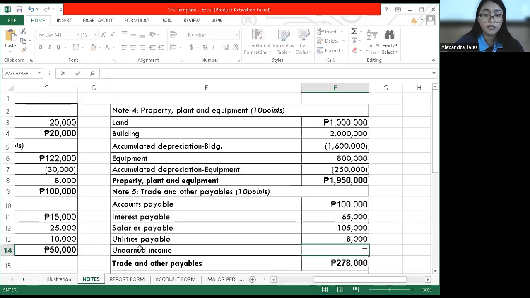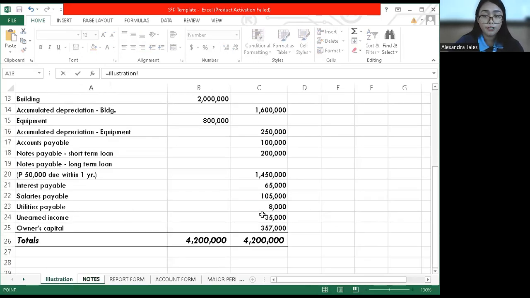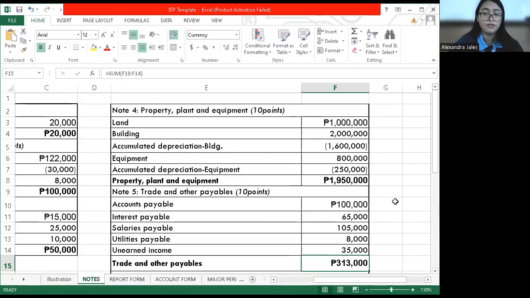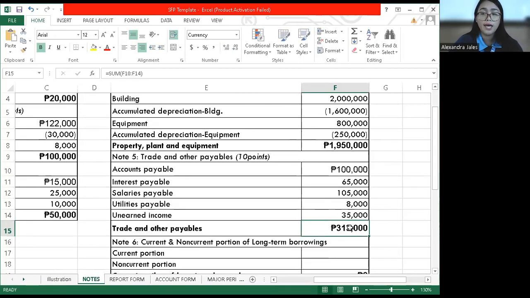And we have unearned income, 35,000 pesos. In total, we have 313,000 pesos. We do not have to subtract any of these accounts because they are under liabilities, and all of this increases the liabilities account.